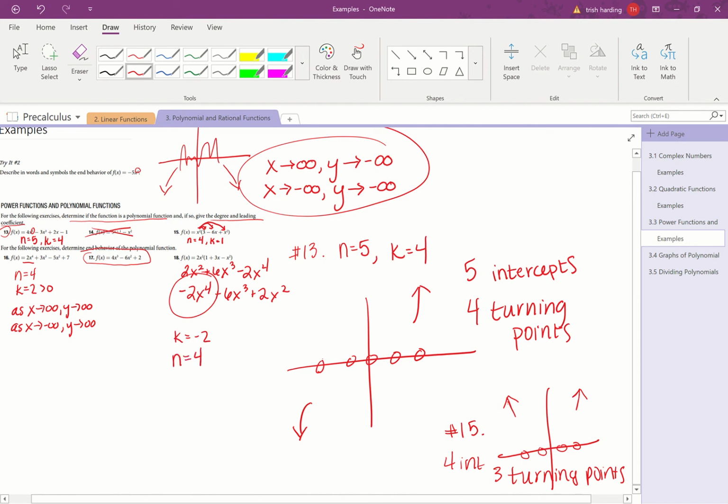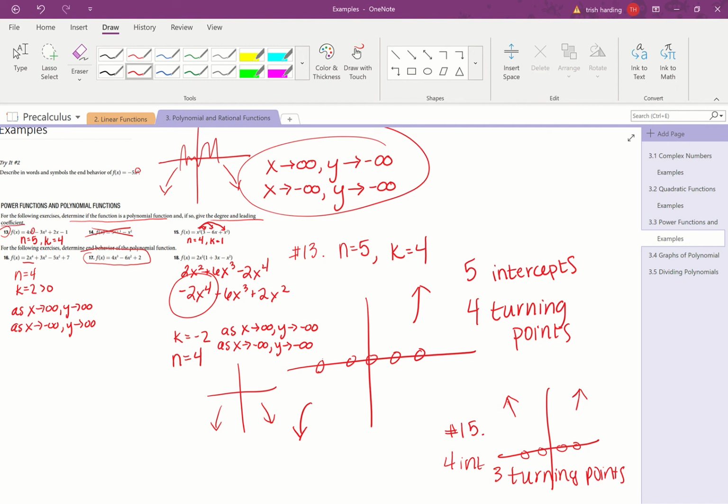The degree is 4, so we will get something like this, which means as x gets larger, y gets more negative, and as x gets more negative, y gets more negative, or tends towards negative infinity. I'm trying to put it in normal conversational speech. It's easier to convey math that way remotely.